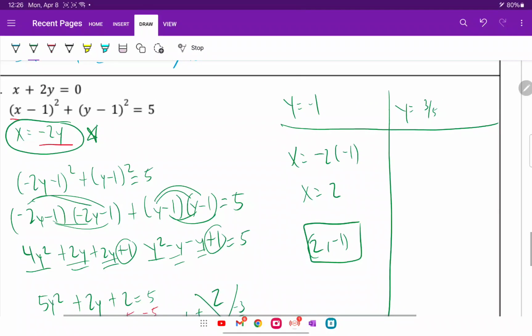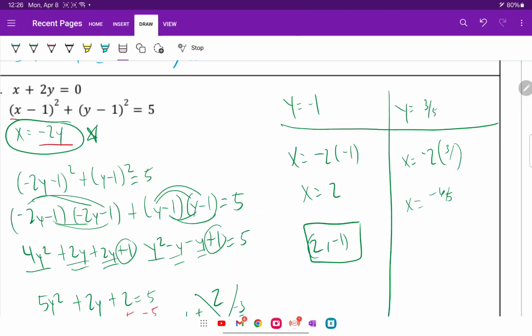And for my next one, x equals negative 2 times 3/5. And x equals negative 6 over 4, which is negative 1.5. And I see I made a small error there, so let me fix that. This was a 5 to begin with. All right, we get negative 6/5.